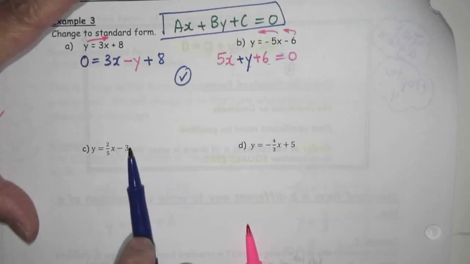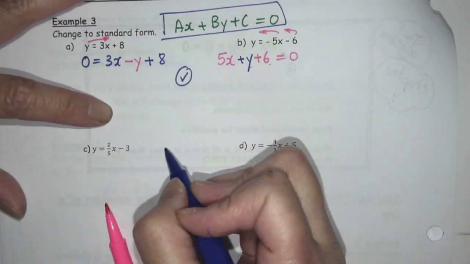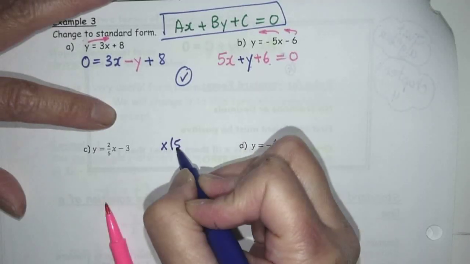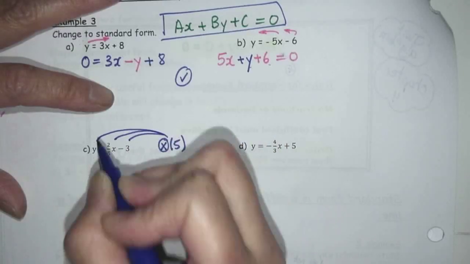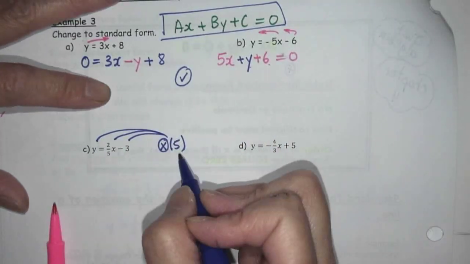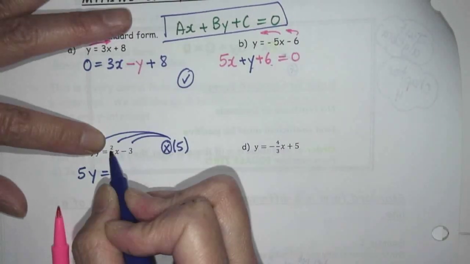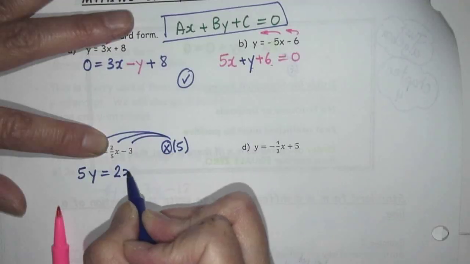Okay, and then the last one here, or last two here. You can move them first. I'm going to get rid of the fraction first. So multiply by 5, each one of them. When I do that, it's going to be 5y. 5 times the 2 is 10 divided by 5. 10 divided by 5 always gets me just the 2x back.